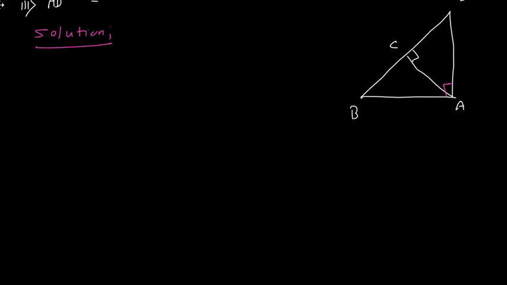By theorem 6.7, triangle BAD, this bigger triangle I have taken, BAD is similar to triangle BCA.